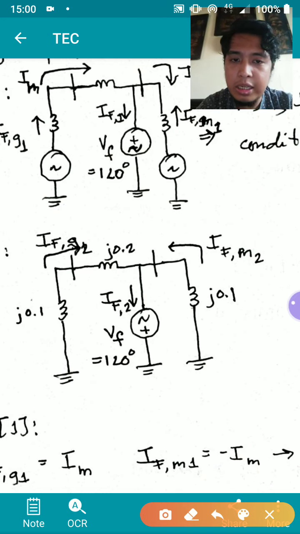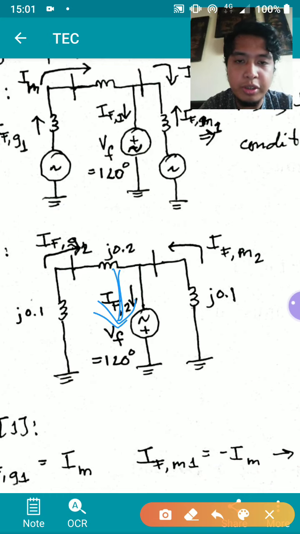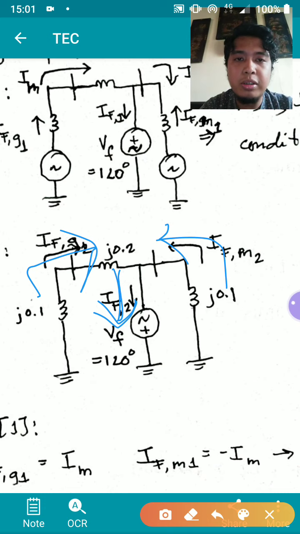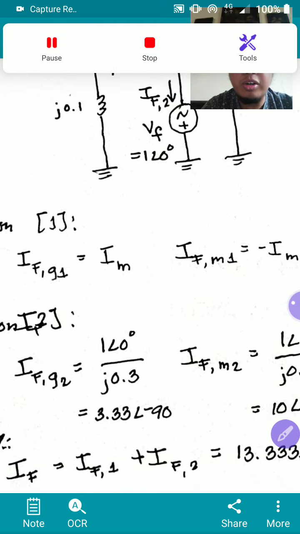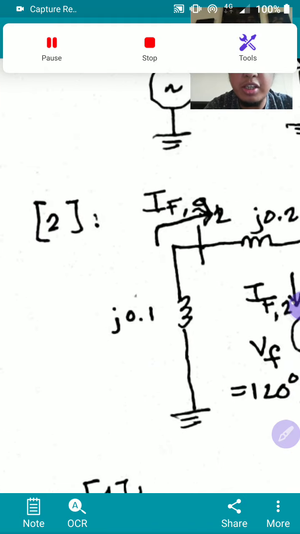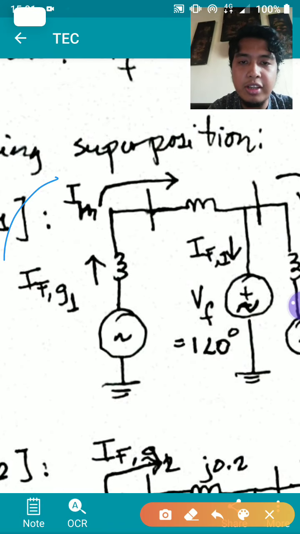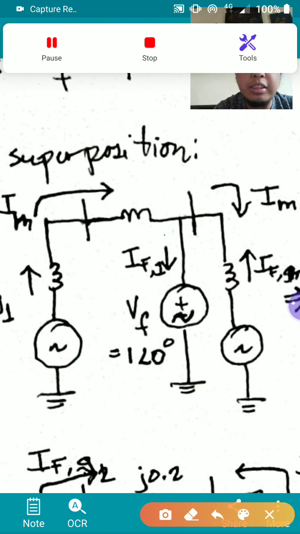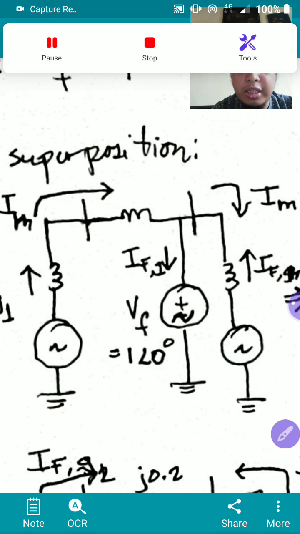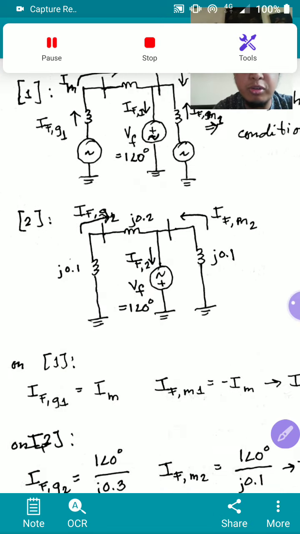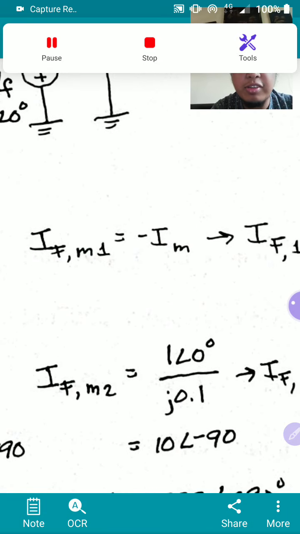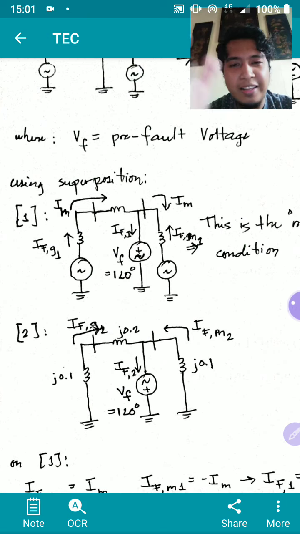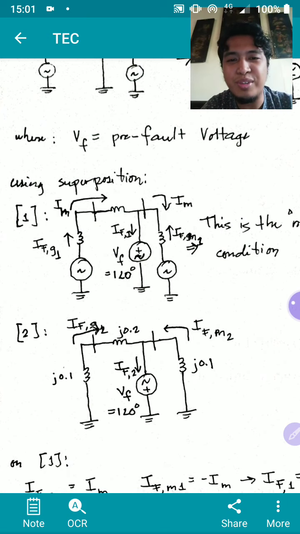So here I have the fault current for 2, and then fault current from generator, fault current from motor. On 1, the fault current from the generator is just Im. I already discussed that. The fault current from the motor is just negative Im. And the total fault current on 1 is just the sum of those two, Im plus negative Im, which is equal to 0. So that's the fault current on 1. Again, this is just the normal condition, so you don't actually have a fault current there.